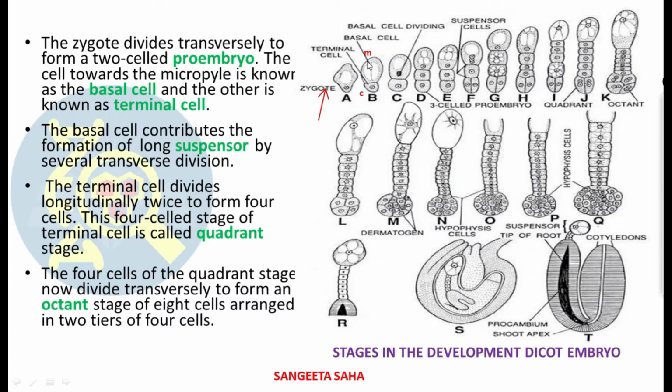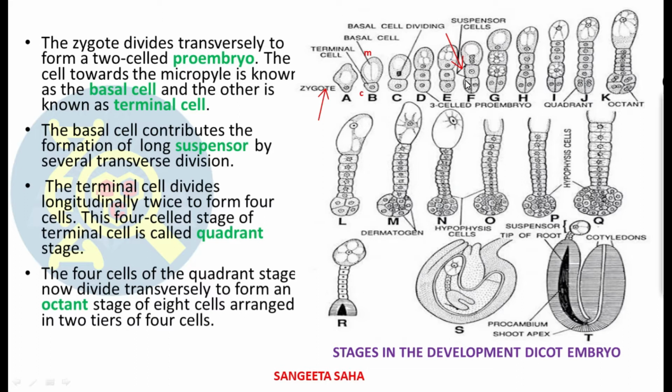Okay, now as you proceed further, divisions occur, and the basal cell undergoes many transverse divisions, resulting in the formation of a long structure, and this long structure is known as the suspensor.